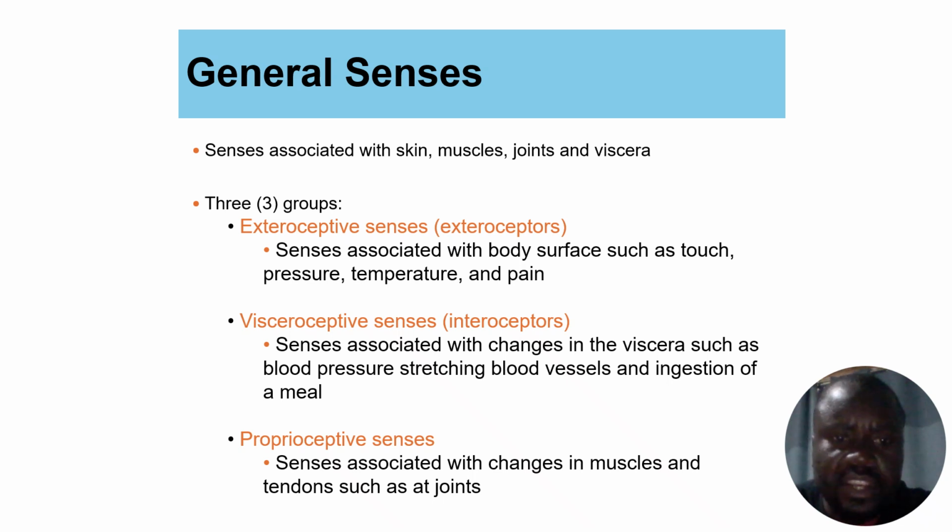Sense originating from internal organs is also referred to as interoception or visceroceptive senses, and those that are modulated through the skin structures are called exteroceptive senses, produced by exteroceptors. And then the sense associated with changes in muscle and tendon distensions is called proprioceptive. So proprioceptive is the sense of the position of the body in space.